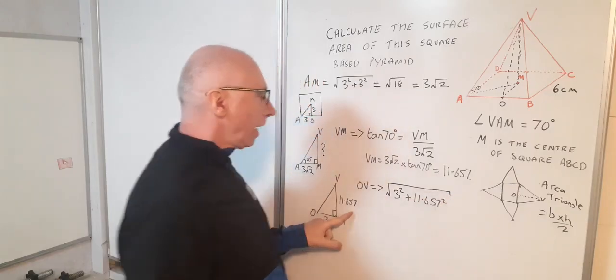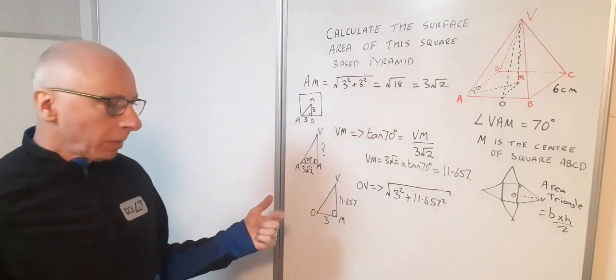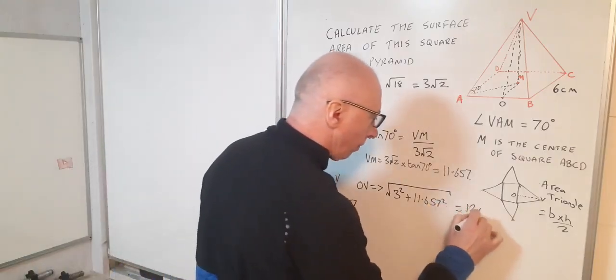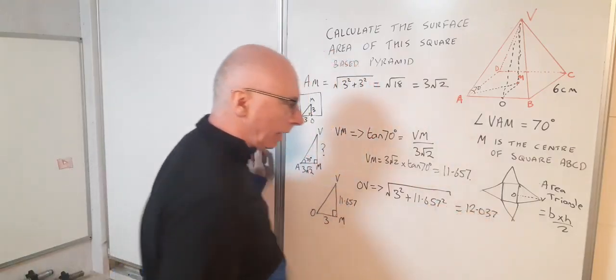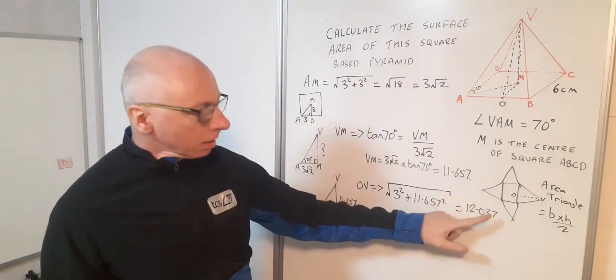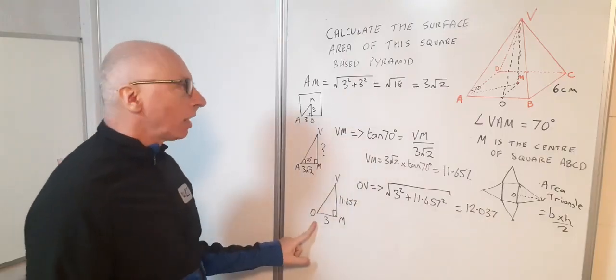Okay, now plugging that into our calculator, you should get approximately 12.037. So just to allow for rounding errors here a little bit, depending on how you've rounded these up, you might get 12.036 maybe. So 12.037 we've got there for OV.